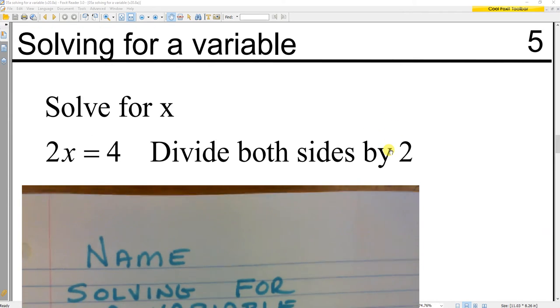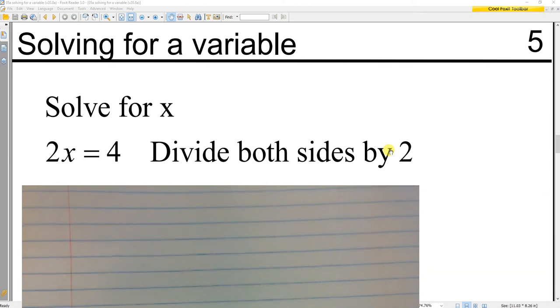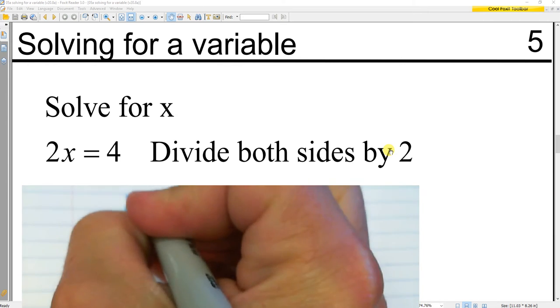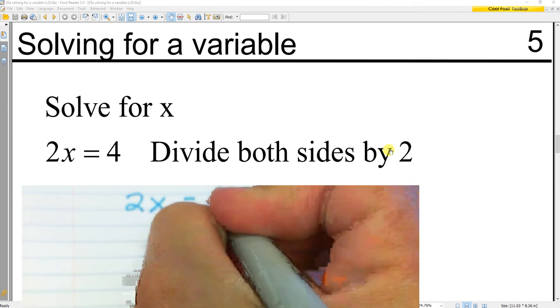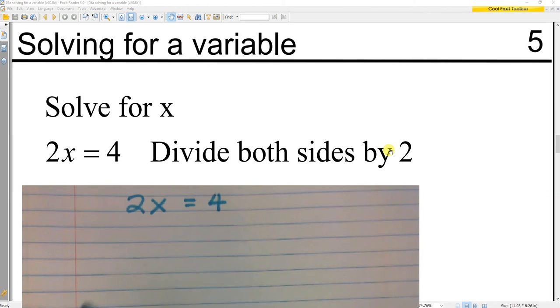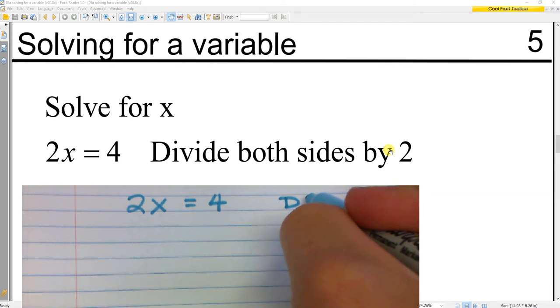And we'll start with a little one-step equation. So if I want to solve this for x, I divide by x. No, excuse me, I divide by 2.